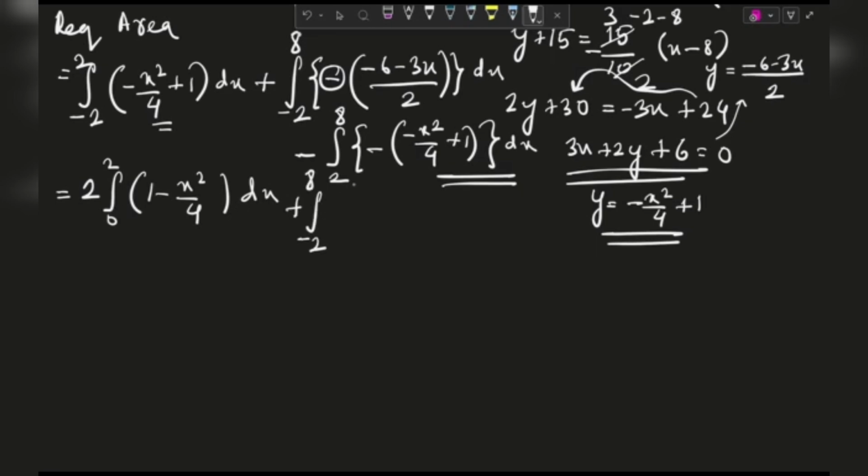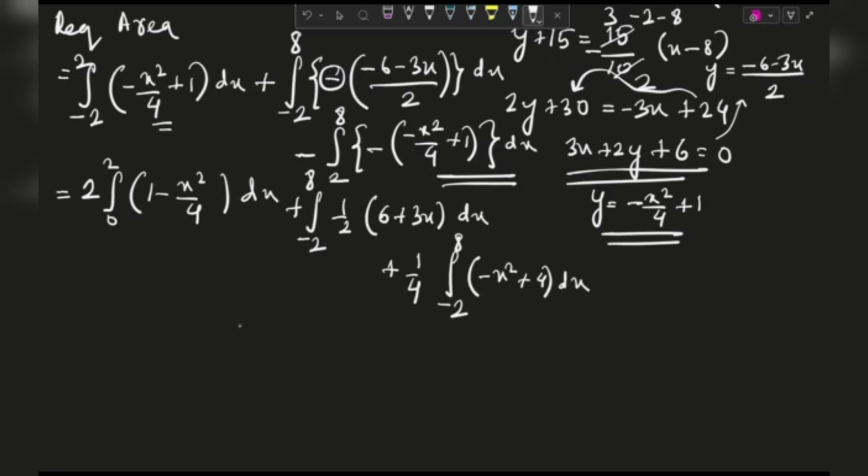And in this, we can take the half outside. This will be half of 6 plus 3x dx, and plus 1 by 4 outside, integral minus 2 to 8 of minus x square plus 4 dx.